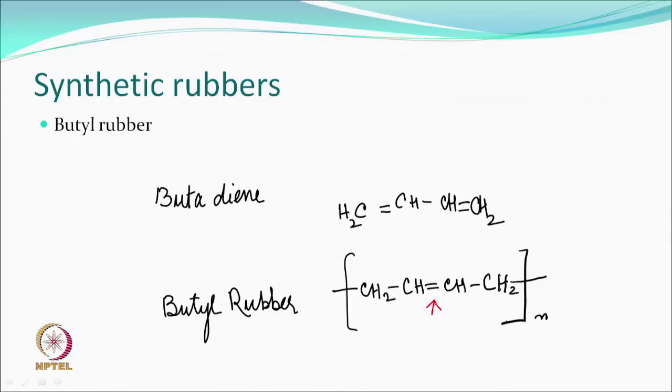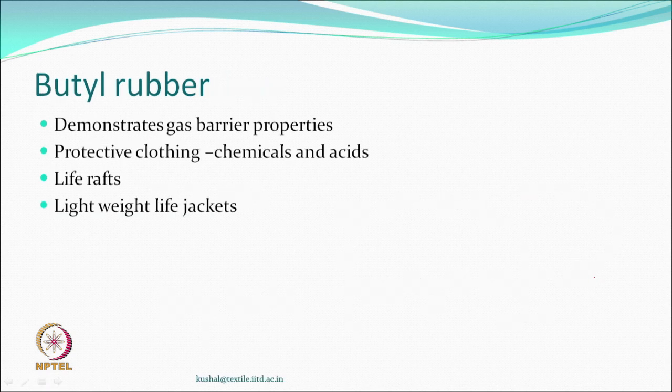So, you have a butyl rubber which is from butadiene. So, butadiene to butyl rubber. These can be also coated on textiles. Interestingly, it demonstrates gas barrier properties.